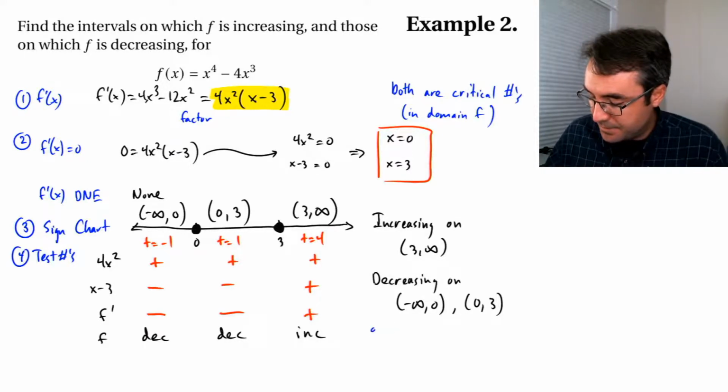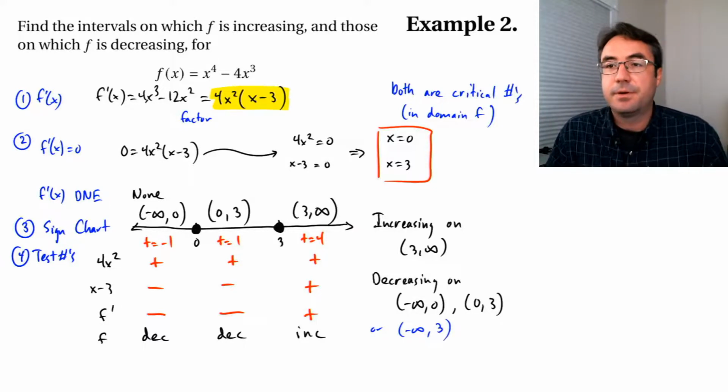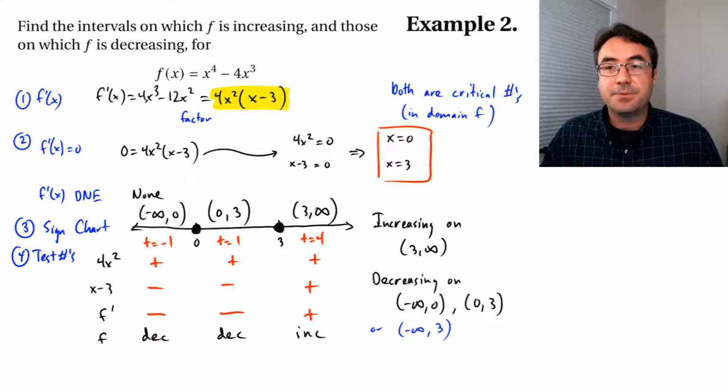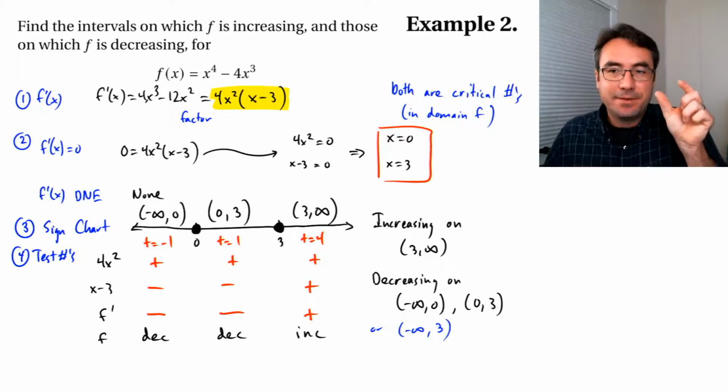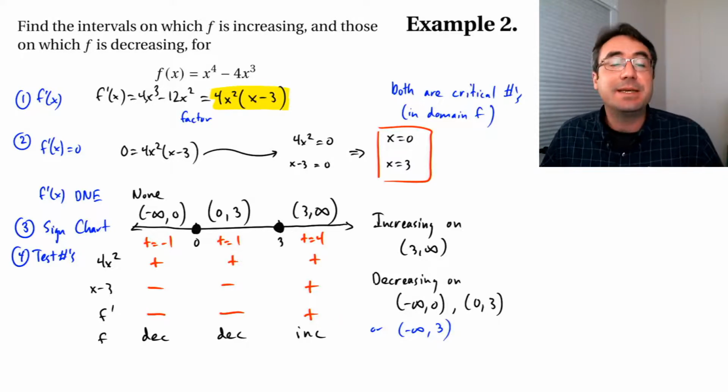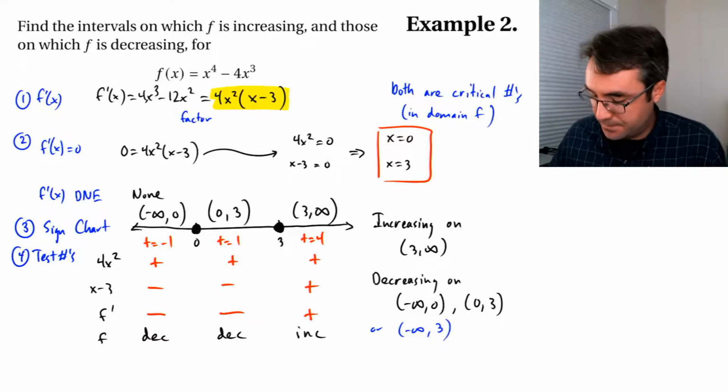We could say the interval from minus infinity to 3. And we can't always do that. The intervals have to be next to each other, and the function has to be continuous at x equals 0.